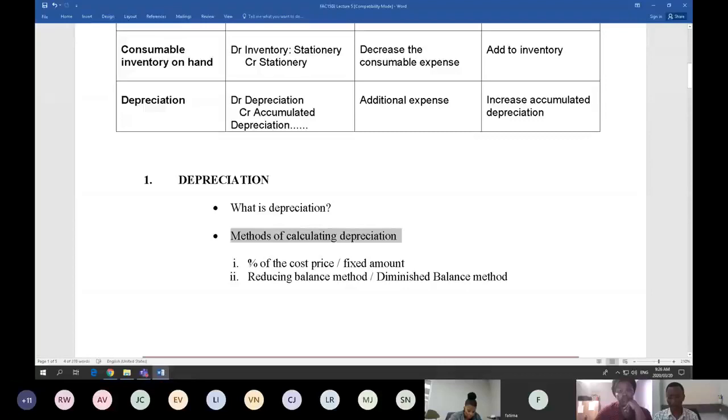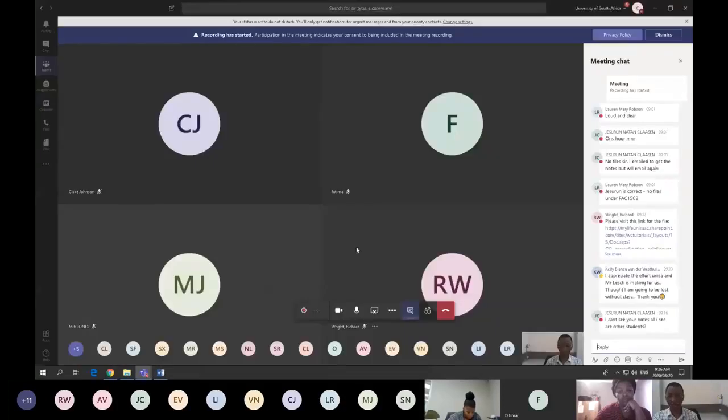The first method is called the cost price method, or sometimes also called the straight line method. In this method, we have to calculate the depreciation on the cost price of the asset. So it is a fixed percentage based on the cost price of the asset.